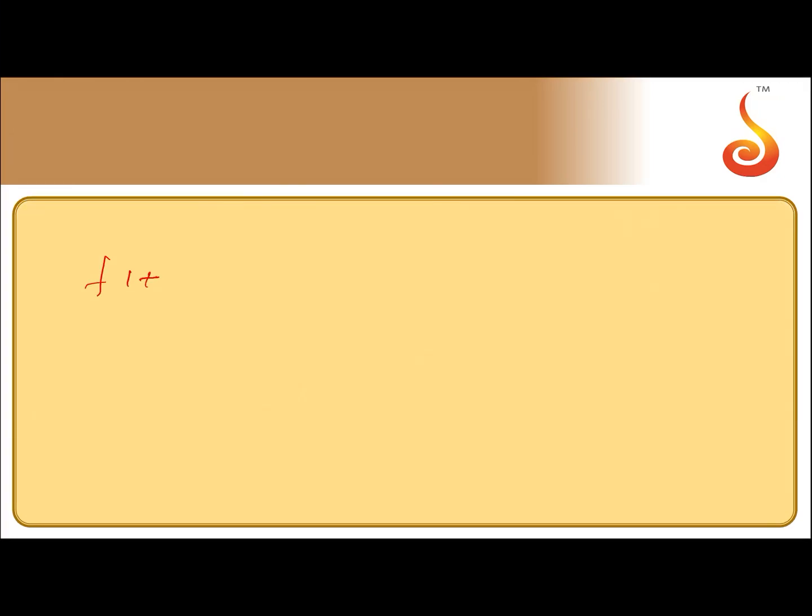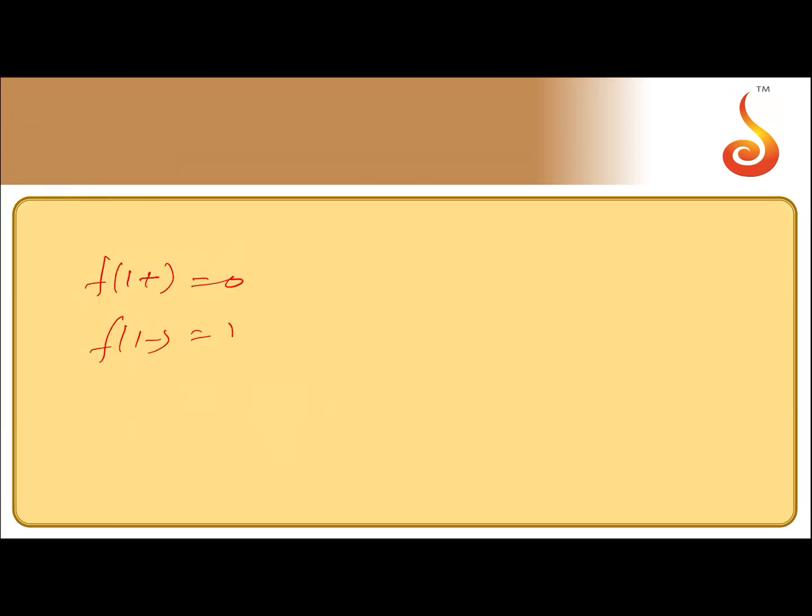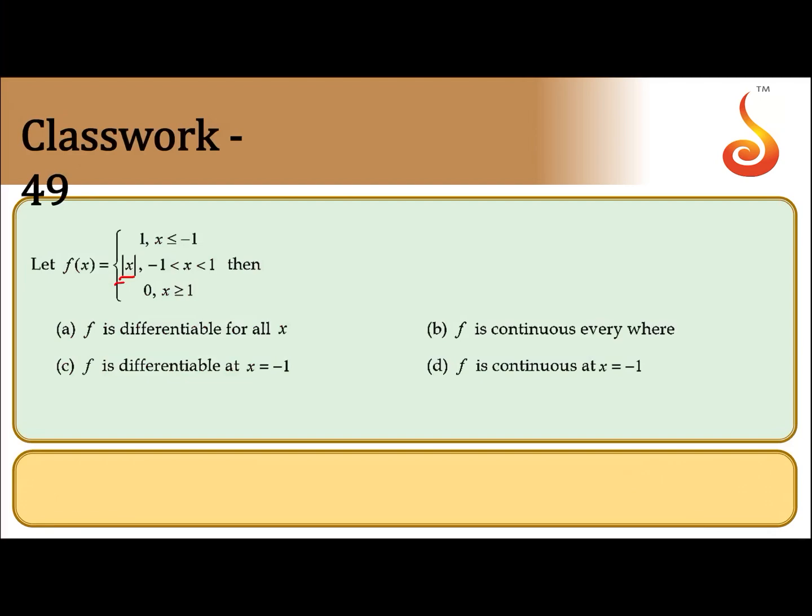F of 1 plus is equal to 0, f of 1 minus, I hope we'll be getting this is 1 now. So therefore, f of 1 plus is not equal to f of 1 minus. So obviously, the function is not continuous at this point.